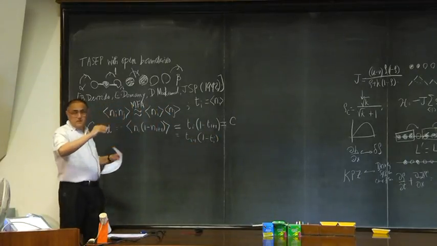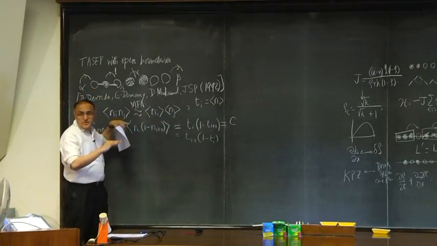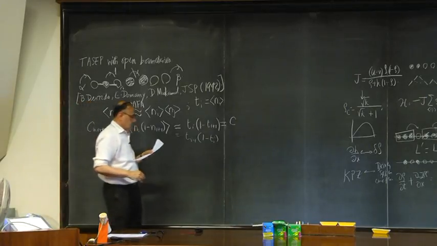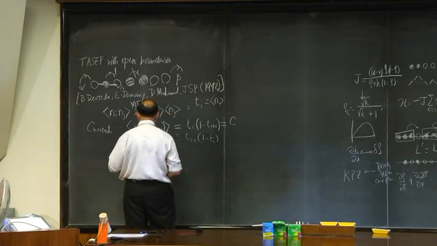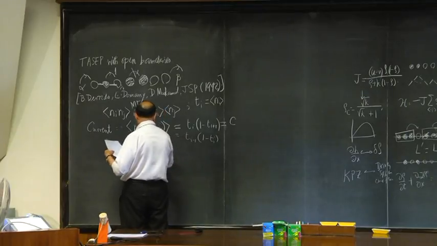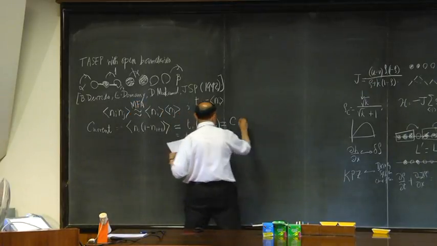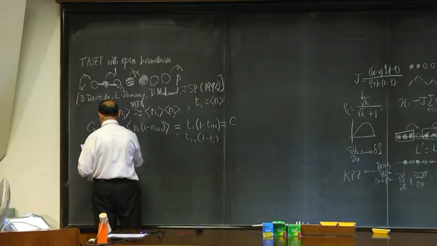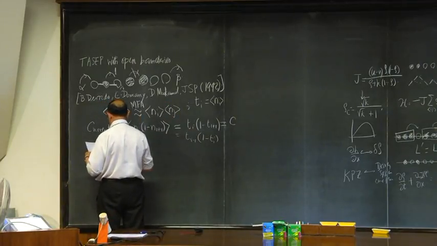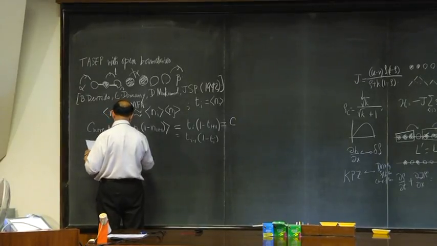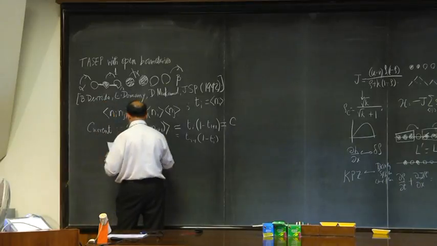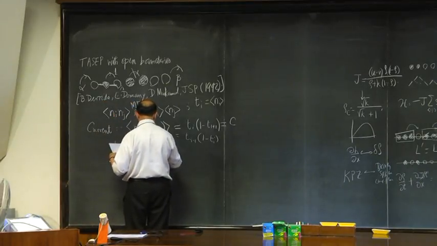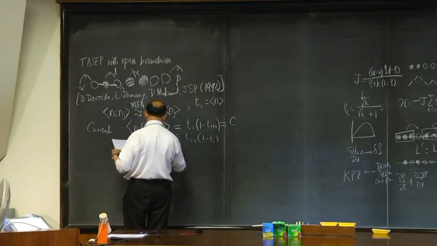Only let us write the equations for the first and last sites a little carefully. T1 minus T1 T2. Okay, that is of course the normal equation, but that is equal to alpha times 1 minus T1, and that is equal to the current.